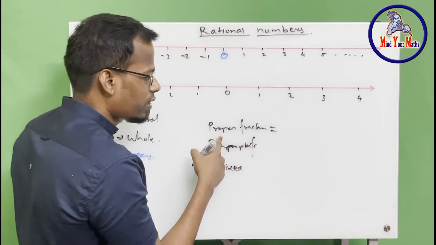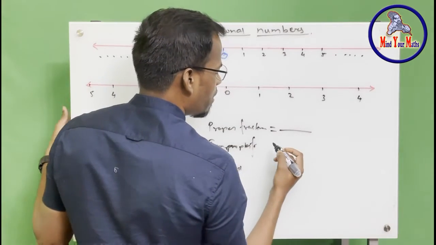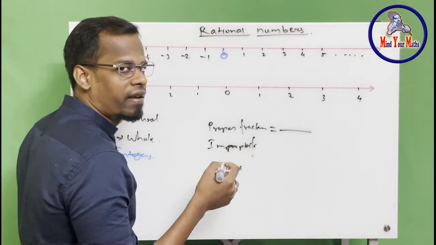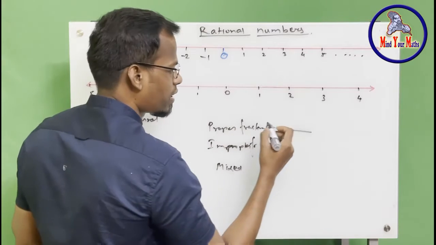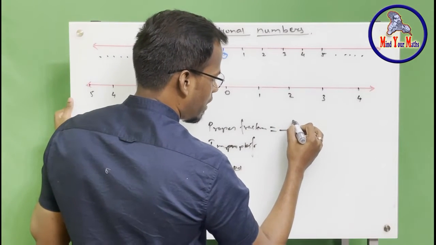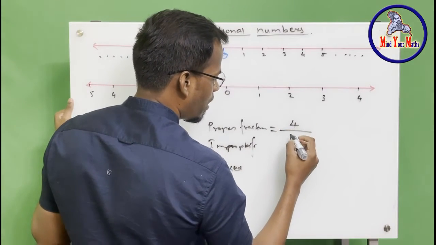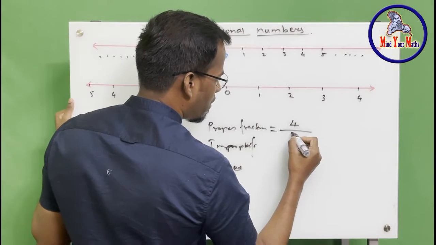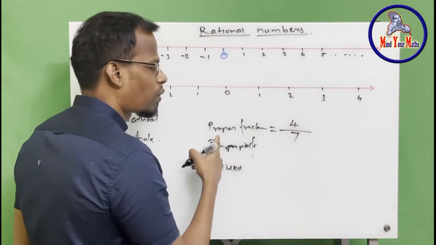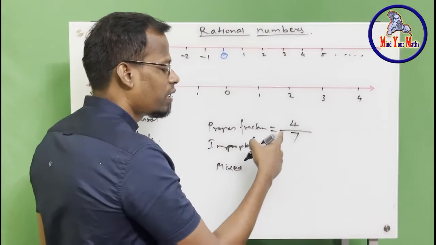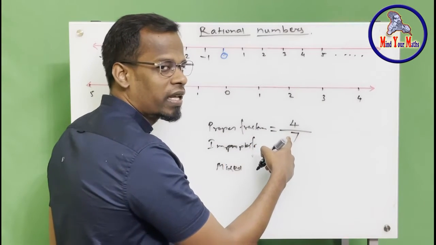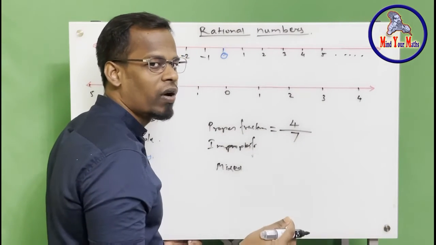What is a proper fraction? A proper fraction is a fraction in which the denominator is higher than the numerator. What it means is that if the numerator is, for example, 4 and the denominator is 7, this is a proper fraction. It need not be only this one. It can be any number, however big it is.